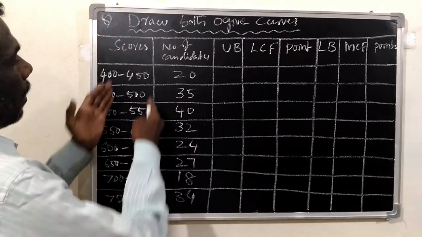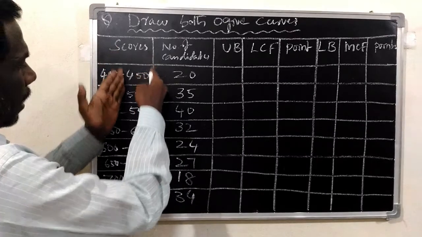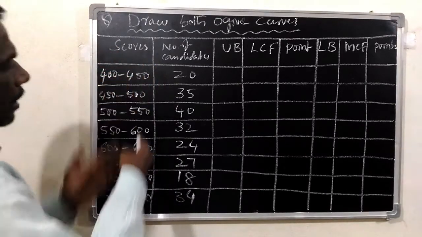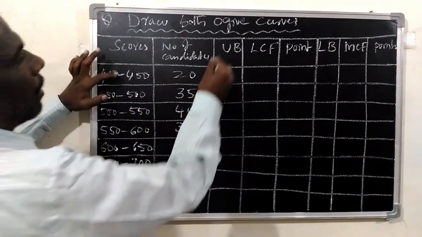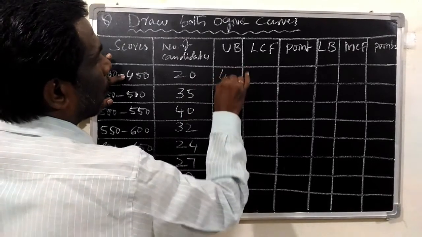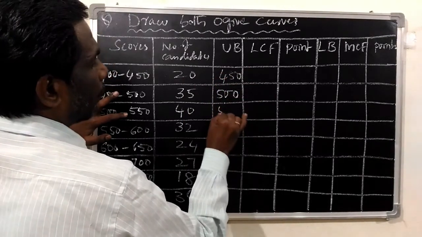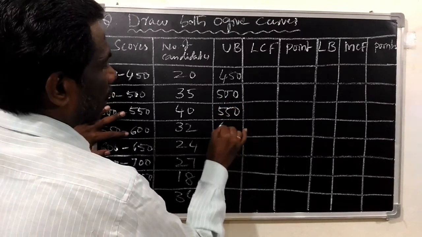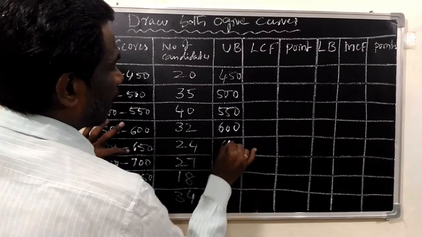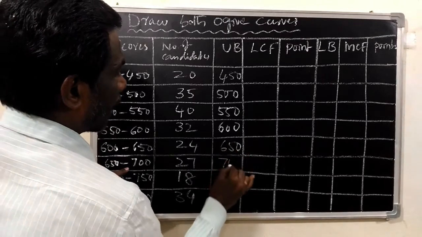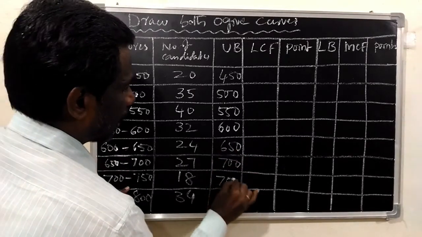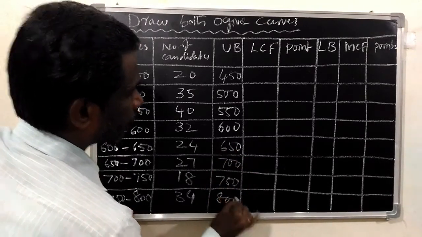As I said already, the right side values in the class interval are called upper boundaries. Here they are 450, 500, 550, 600, 650, 700, 750, 800.